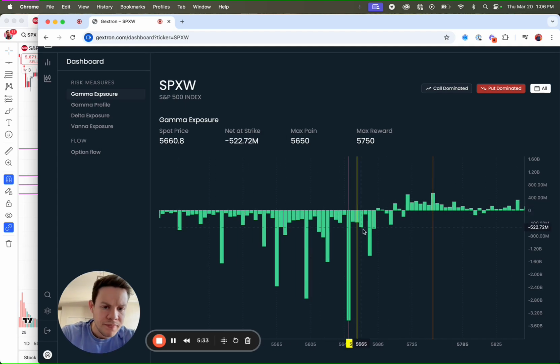So entrance: where does it start becoming bearish? It's right here. If we look at Gextron, I'm going to say 5680, because every entrance for us is the first negative bar before turning bullish, and everything else to the left has to be negative bars.